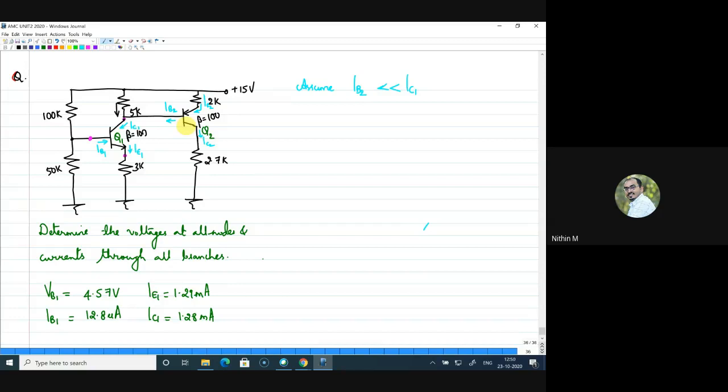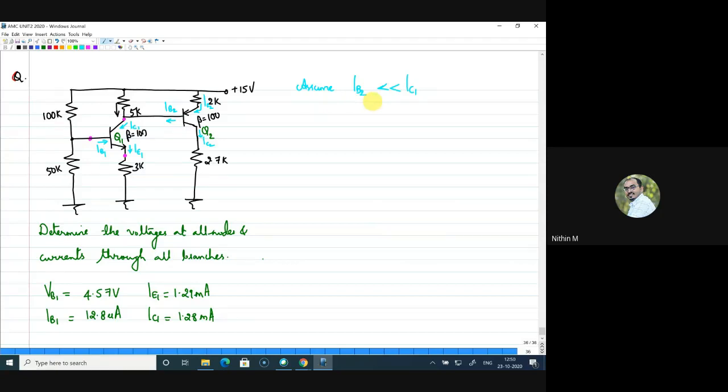To start this calculation and arrive at the terminal currents and voltages, I'm assuming that the base current is much smaller than IC1. That is in fact true, because your base current will always be smaller compared to your IC1, right?